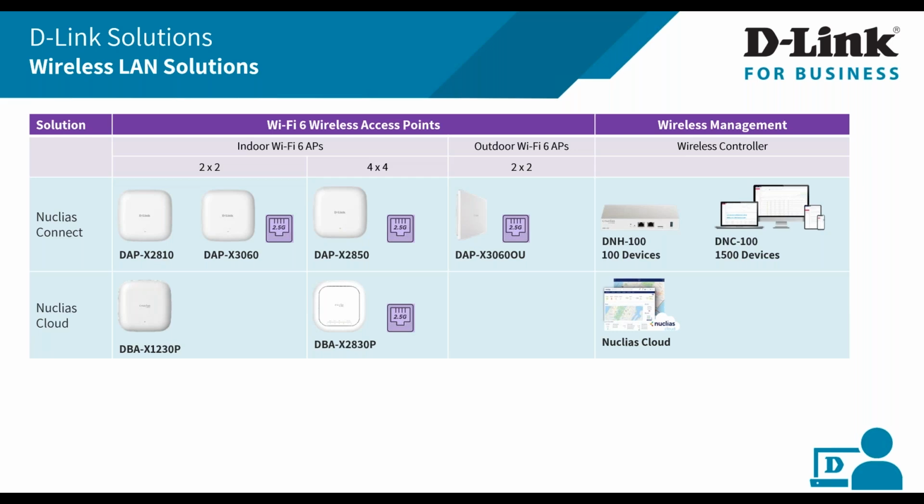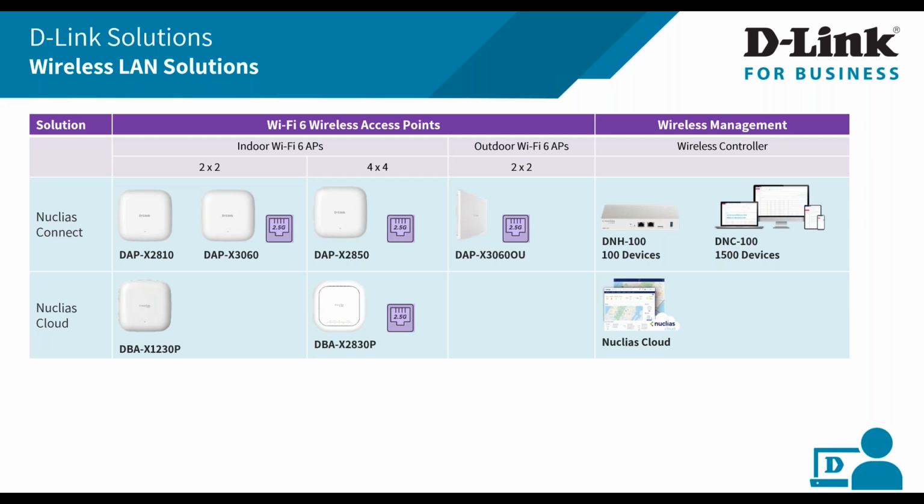Similar to the multi-gigabit portfolio, the D-Link wireless LAN solution can also be categorized as a Nucleus Connect solution, which is an on-premise solution, or a private cloud solution. It can also be hosted on the private cloud, or Nucleus Cloud, which is a 100% cloud managed solution.